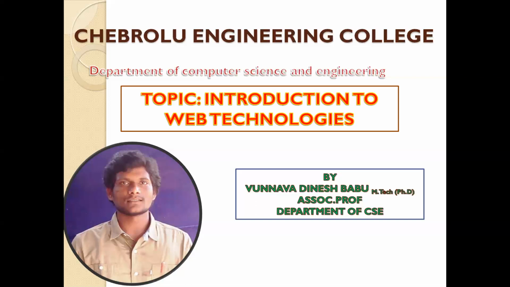In Unit 3, Ajax. In Unit 4, PHP, Hypertext Preprocessor. Then in Unit 5, Ruby, and in Unit 6, Perl. We already saw the different topics that we are going to cover in the coming semester.